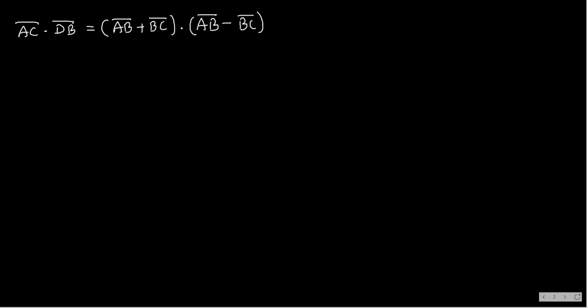Now from here we have to distribute dot over difference. So see this, I will distribute this over the difference. So I have here dot product. I will write AB bar plus BC bar dot AB bar, and then AB bar plus BC bar dot BC bar, and in between I will have negative signs.